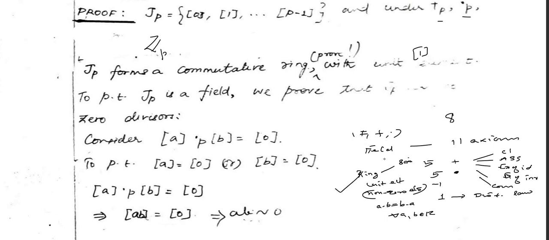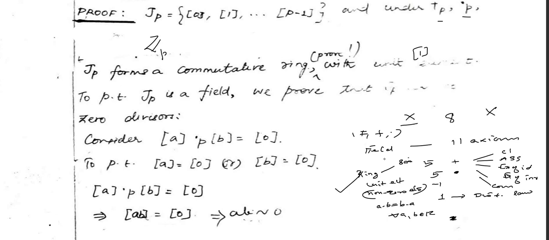So here we follow this one. It's a ring, but neither of these is considered. Instead, what is considered? It's a finite integral domain. So if you are able to establish that there are no zero divisors, then being a finite integral domain, it will be a field.